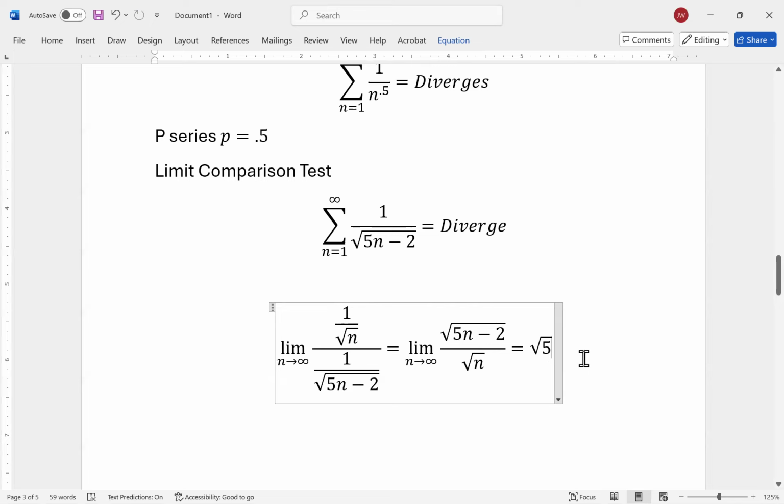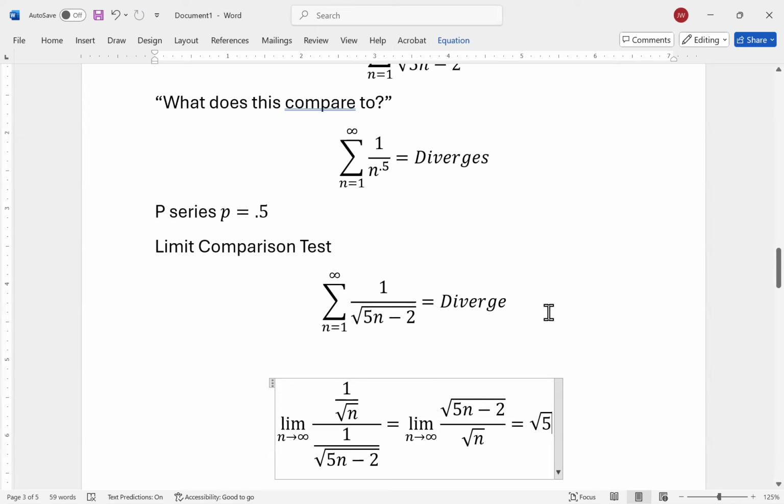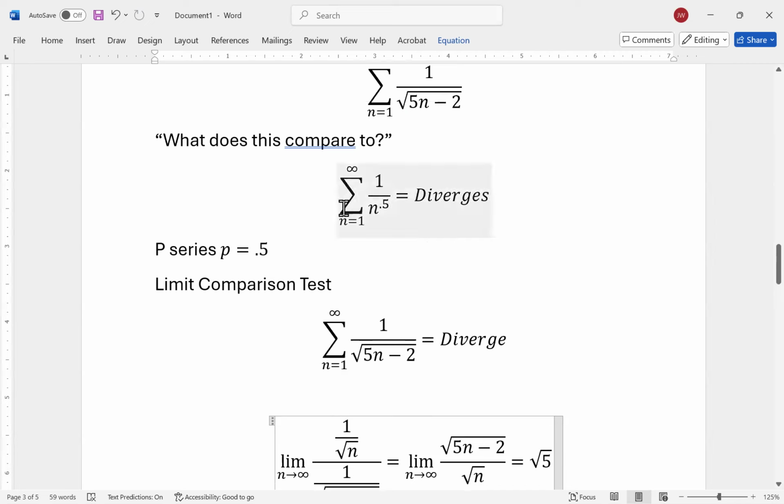So square root of 5 is that limit. Square root of 5 is a non-zero real number. So that means that these infinite series are either both going to diverge or both going to converge using the limit comparison test.